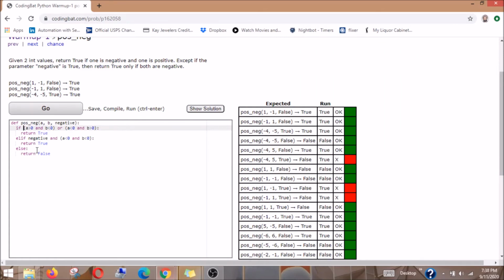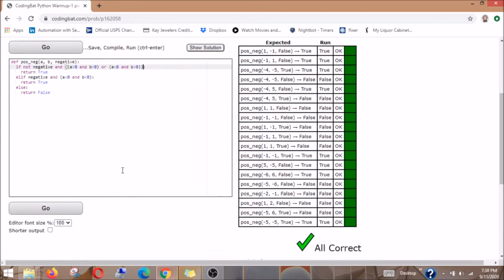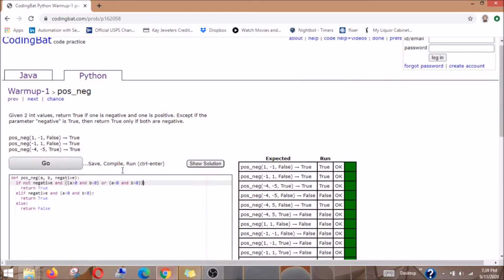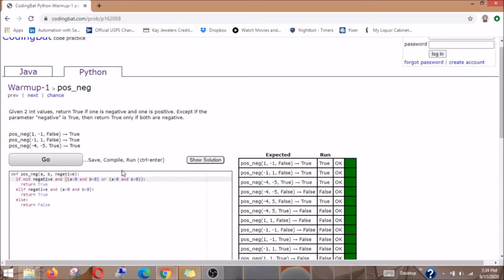Return true if one is negative and one is positive. Okay, except if the parameter, okay, so not negative and, now it is perfectly fine. So basically the confusion was if the parameter is true, right? They have mentioned it as an exception, so we have to put that there. So what is this doing?